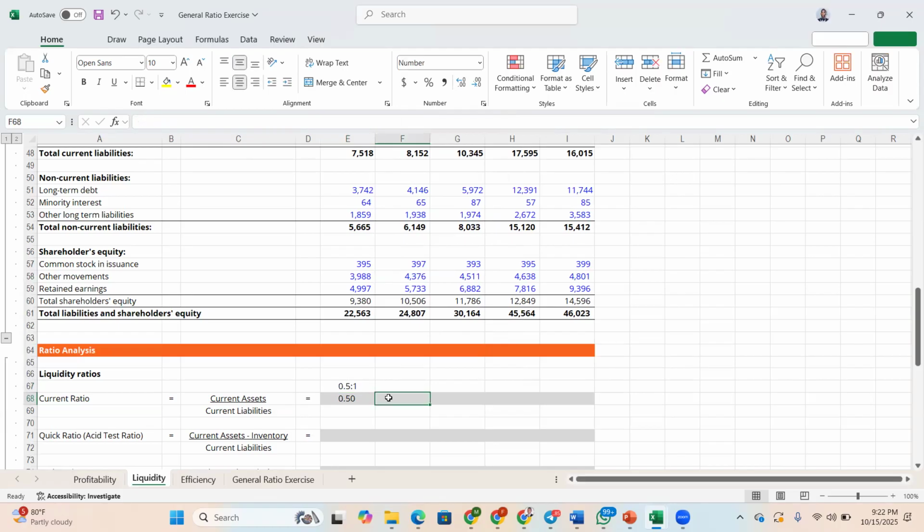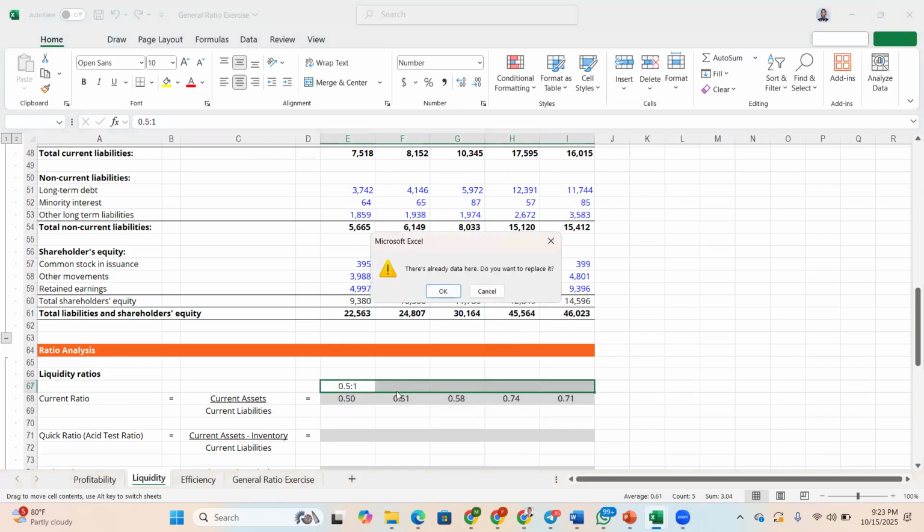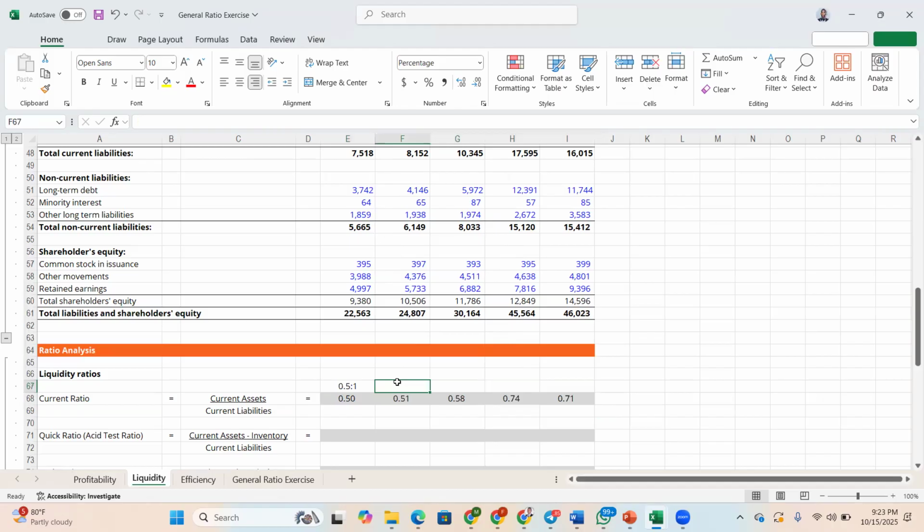So that's our current ratio. We can just duplicate this by pressing Ctrl R, so I can still use this here. 0.5 ratio 1. This is 0.58 ratio 1. This is 0.74 ratio 1.